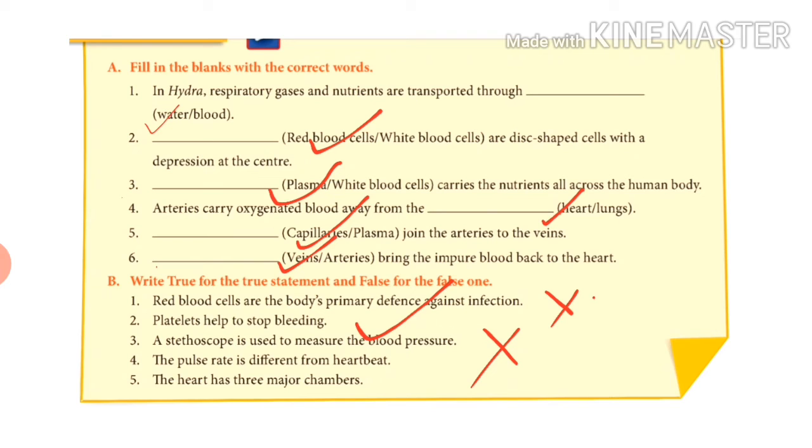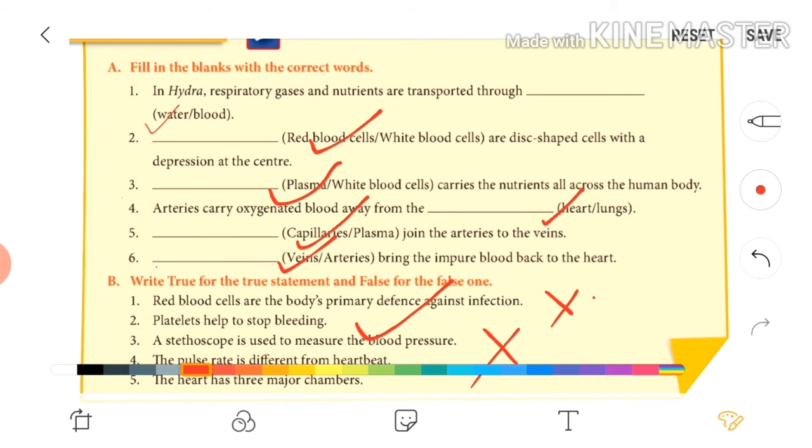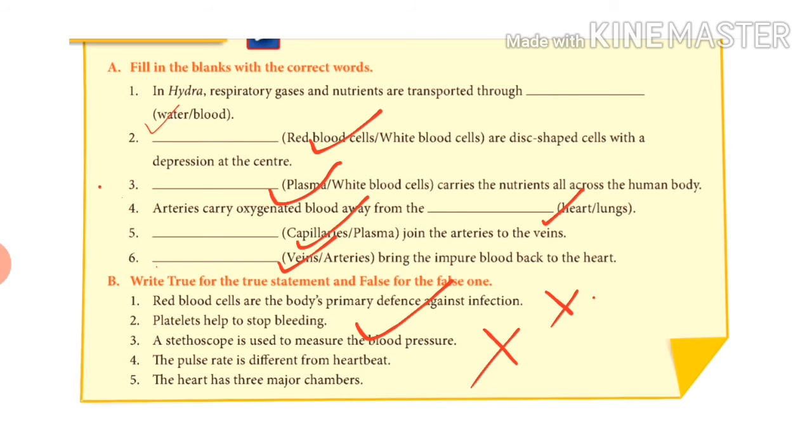Now fourth one, the pulse rate is different from heartbeat, so it is false because pulse rate is same as the heartbeat. Now fifth one, the heart has 3 major chambers, so it is false because the heart has 4 major chambers.